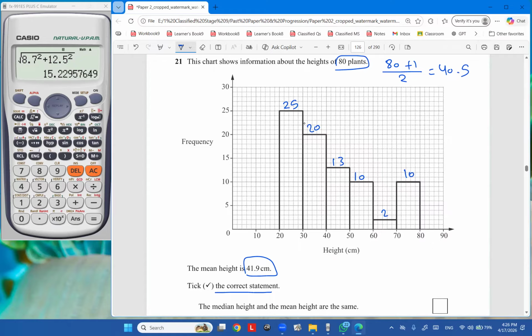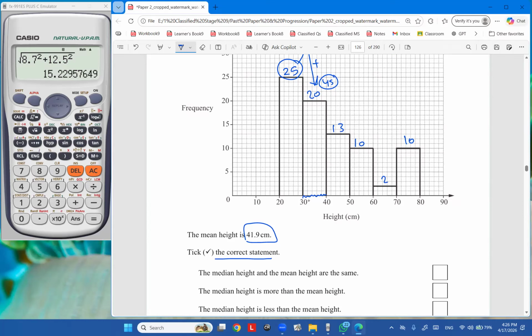I need to see where the median is going to be. Check the first frequency, 25. Have you reached or passed 40.5? Nope. Then check the next one. Add it. 25 plus 20 is 45. Have you reached or passed 40.5? Yes. So the median is somewhere between 30 and 40, which is less than the mean.